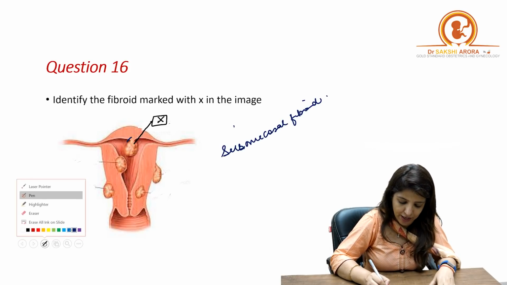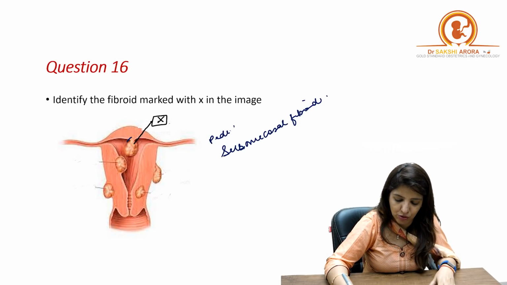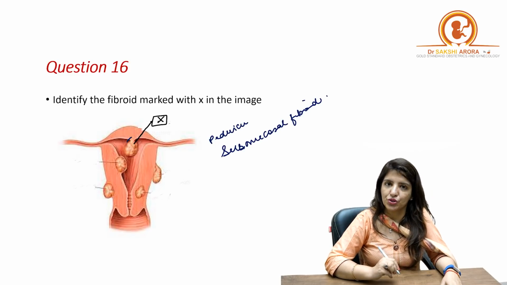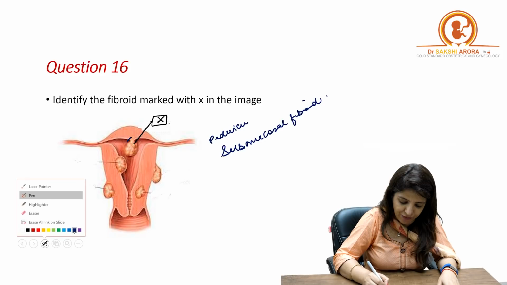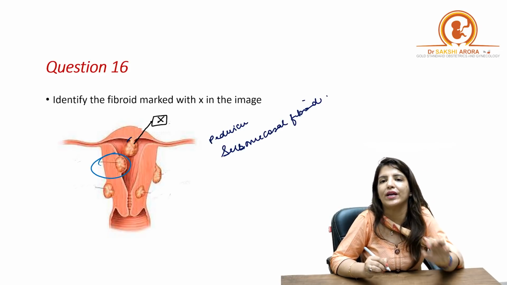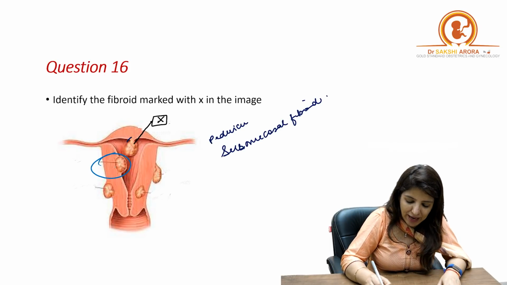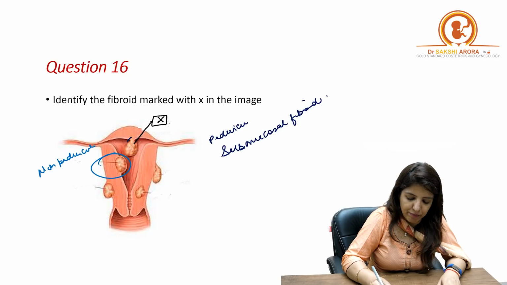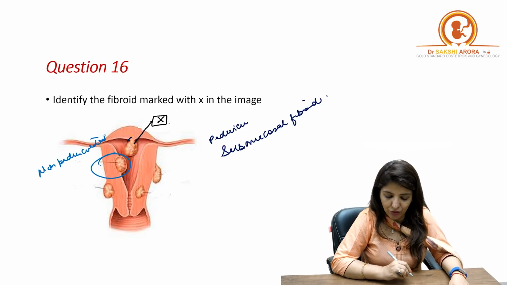So it is a pedunculated submucosal fibroid. On the other hand, if I ask you what kind of fibroid is this? This fibroid is also going inside the uterine cavity, but it is a non-pedunculated submucosal fibroid, right?